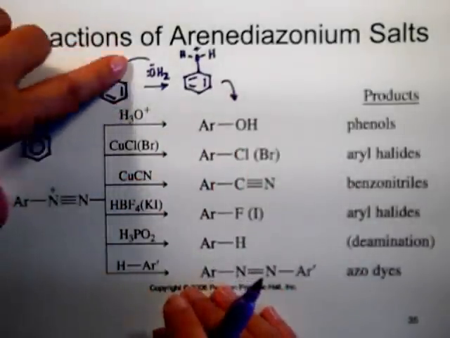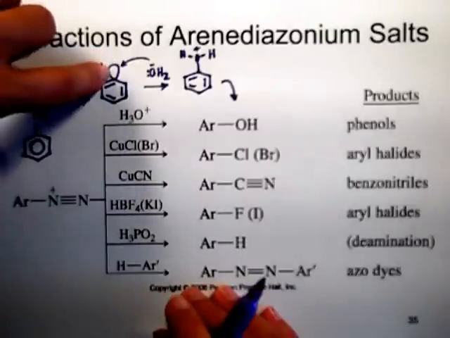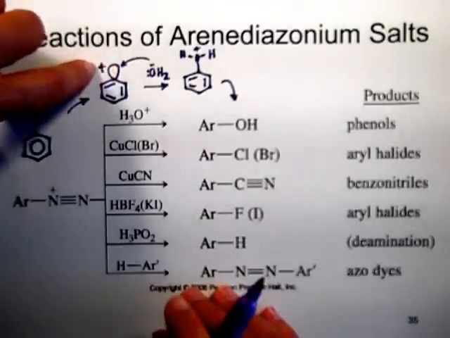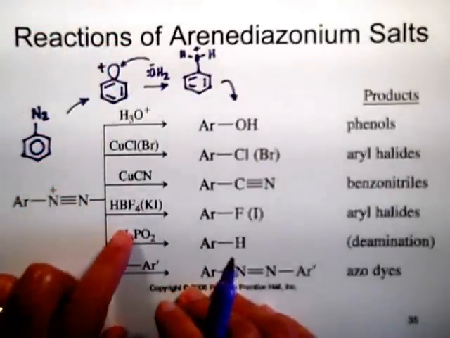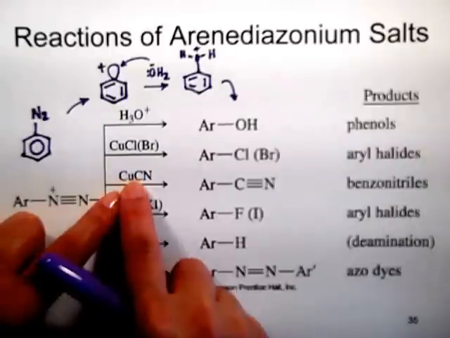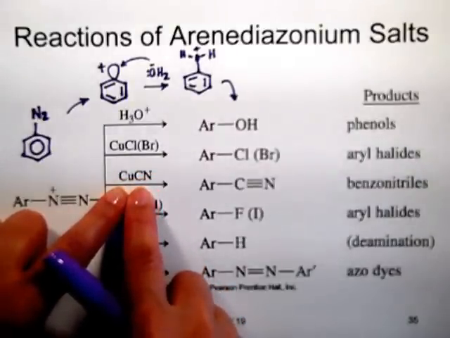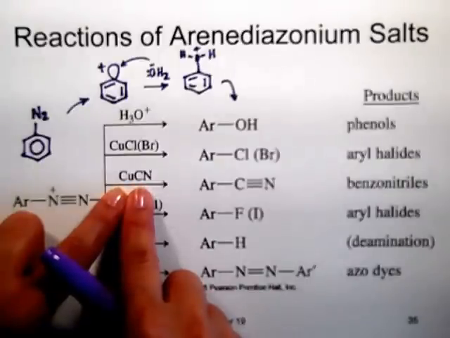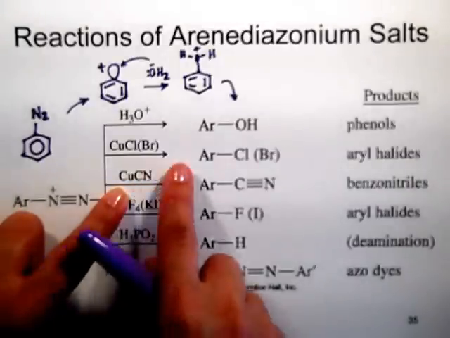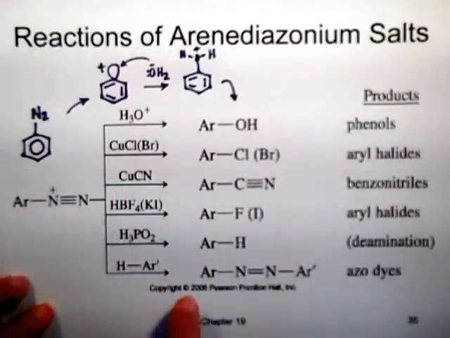But I want you to notice this because it's a good leaving group. It leaves, that's an empty sp2 orbital, and it can be attacked. These two reactions right here with copper, we're going to see it in the next slide. They have a name, and they're the Sandmeyer reactions. And the copper is actually going to facilitate the substitution for the halides.